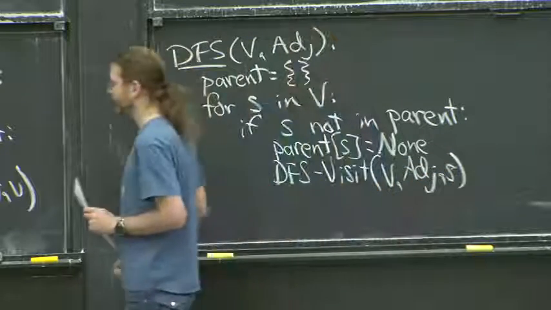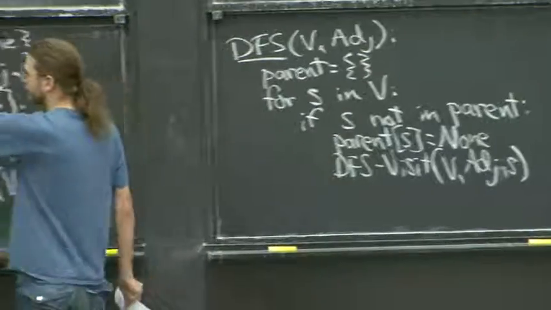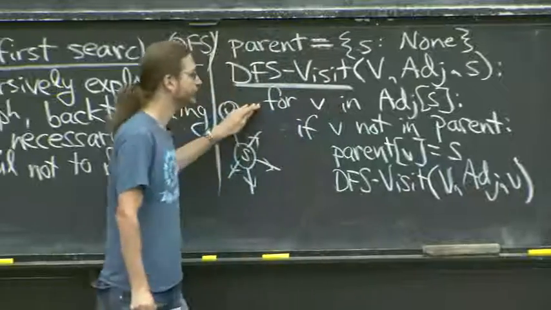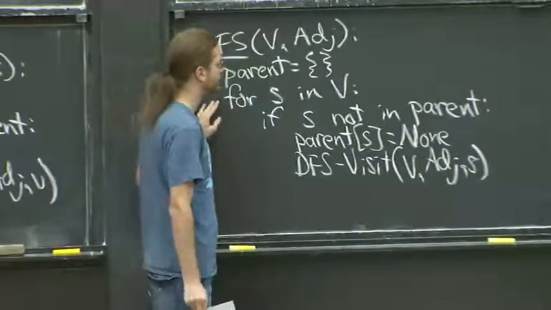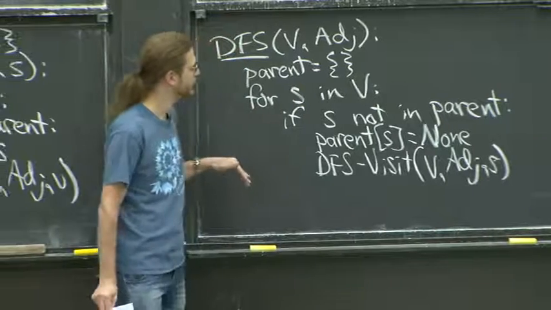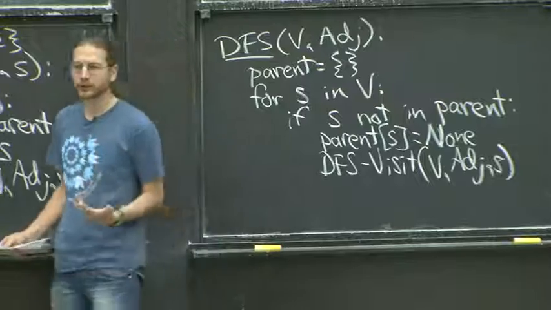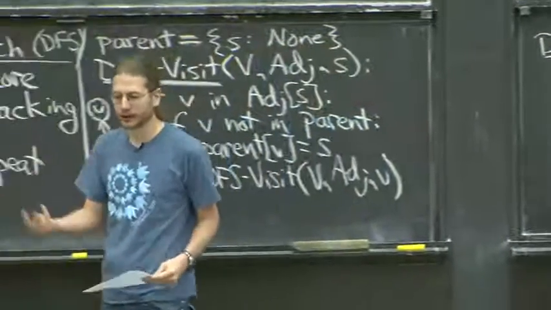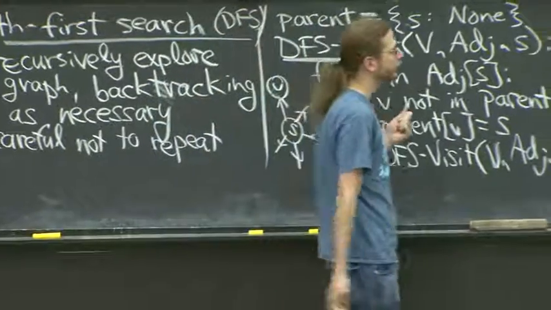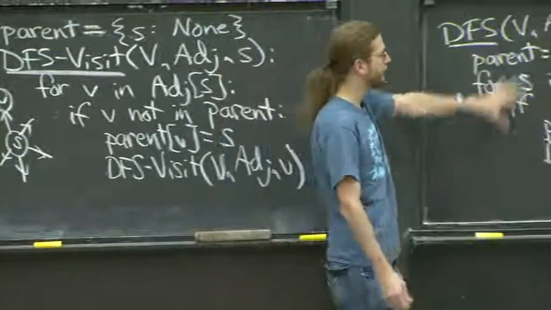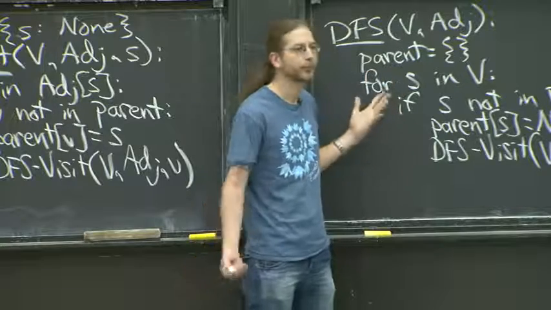So it looks almost the same, but what we're iterating over is different. Here we're iterating over the outgoing edges from S. Here we're iterating over the choices of S. So the idea here is we don't really know where to start our search. If it's a disconnected graph or not a strongly connected graph, we might have to start our search multiple times. This DFS algorithm is finding all the possible places you might start the search and trying them all.